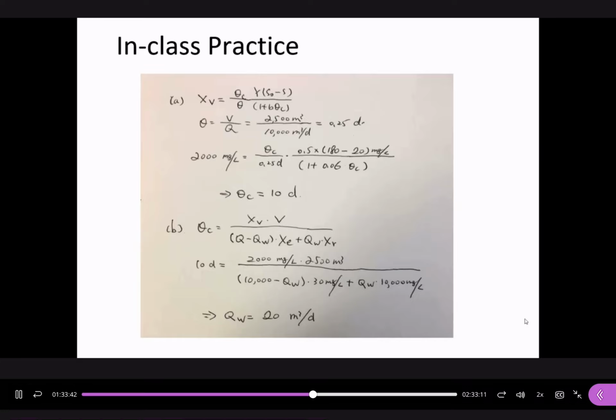Then from theta C, you get QW. By using all the expressions again and again and again. Therefore, you should be familiar with them.